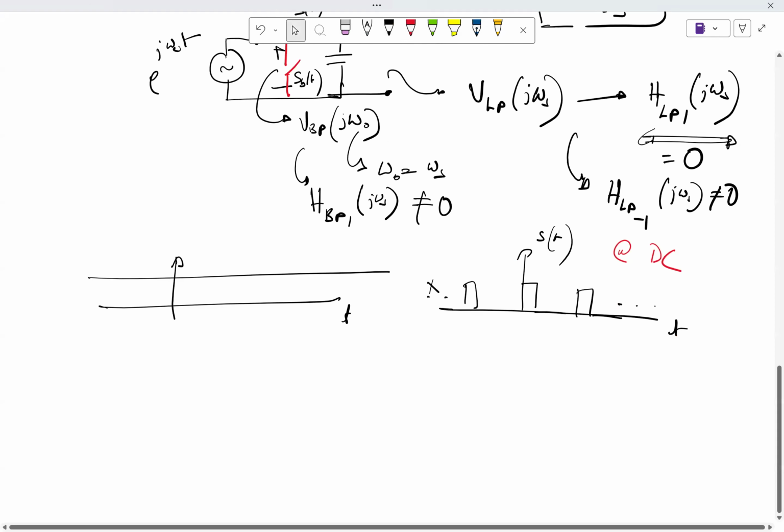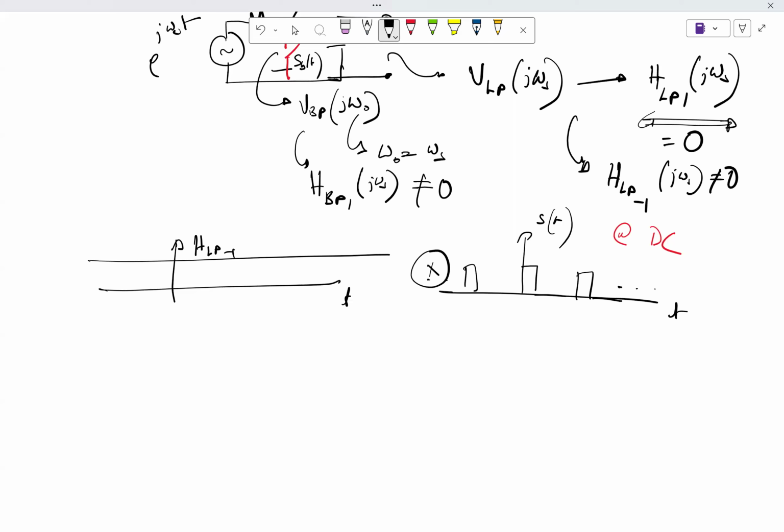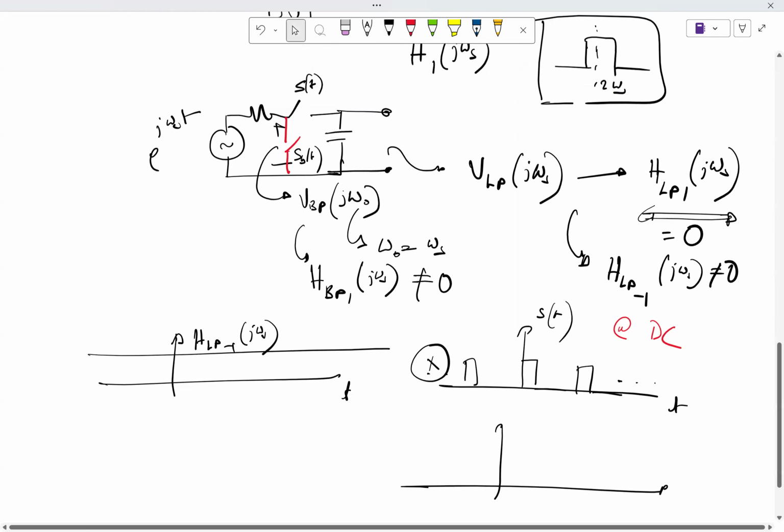So what do I get at the output after multiplication?